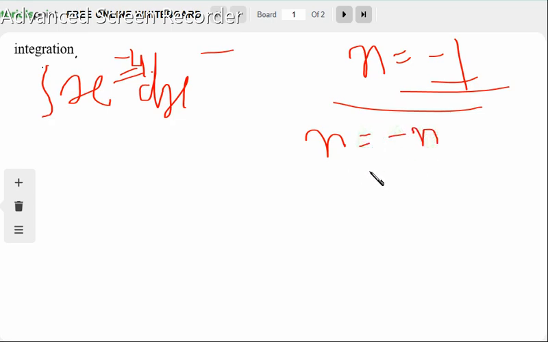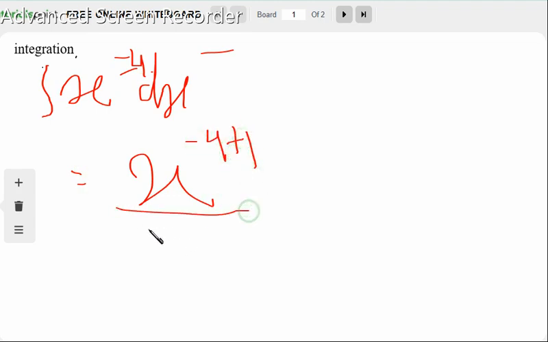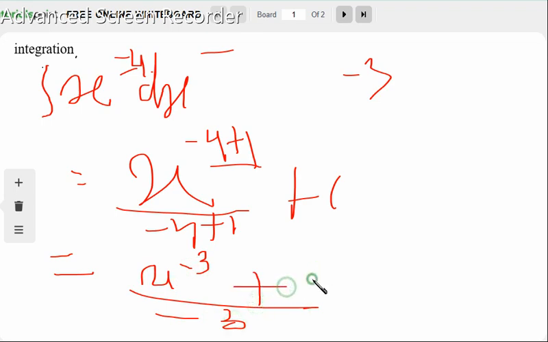Okay, so for this we just simply use the power rule formula, and we get x to the power minus 4 plus 1 divided by minus 4 plus 1, plus c. So minus 4 plus 1 equals minus 3, and thus x to the power minus 3 divided by minus 3 plus c.